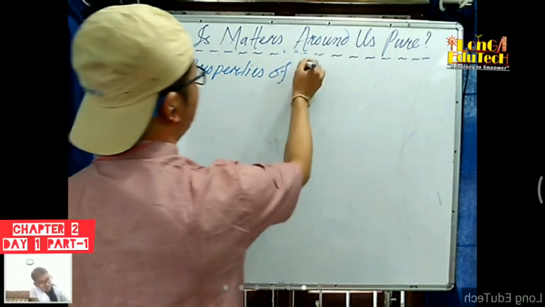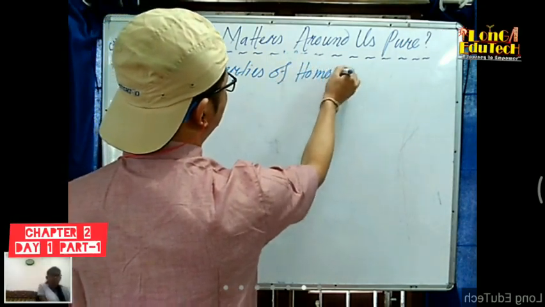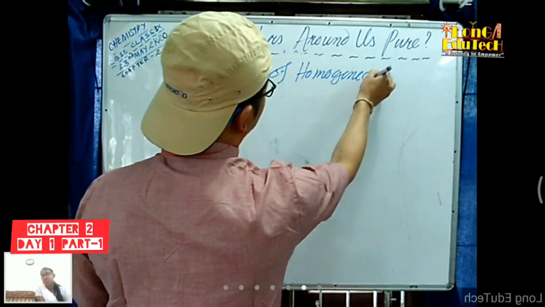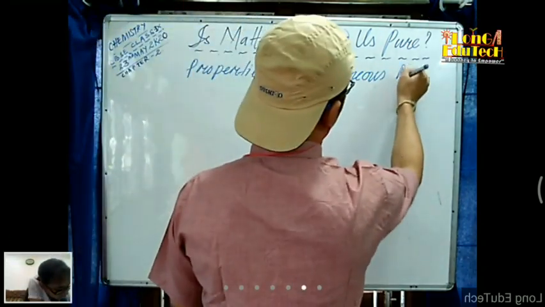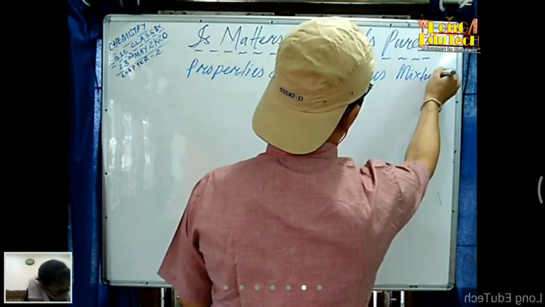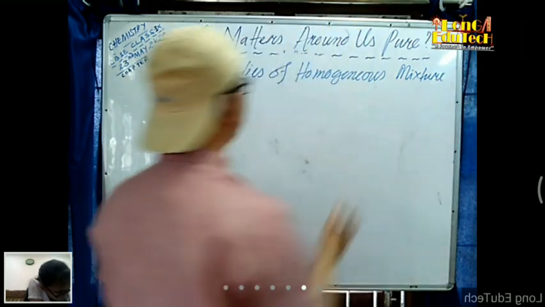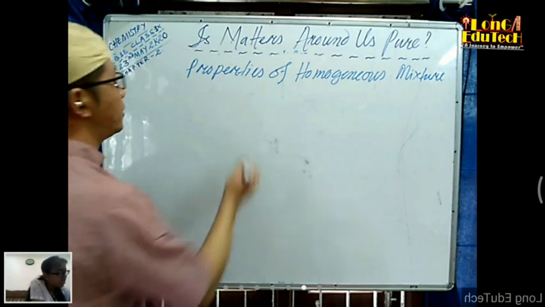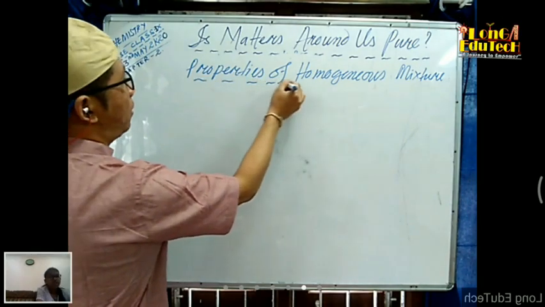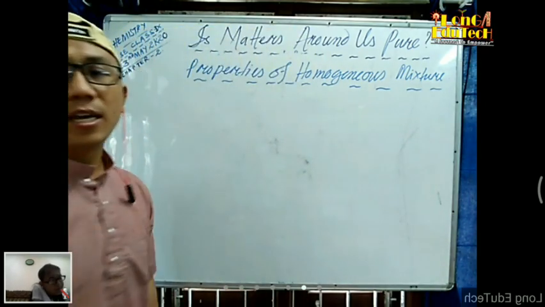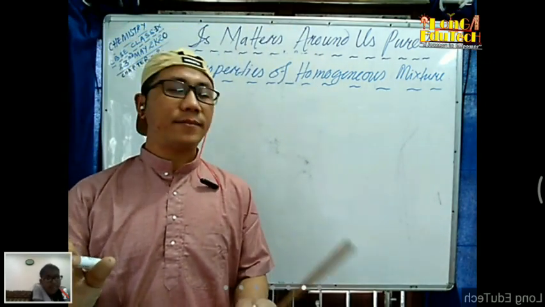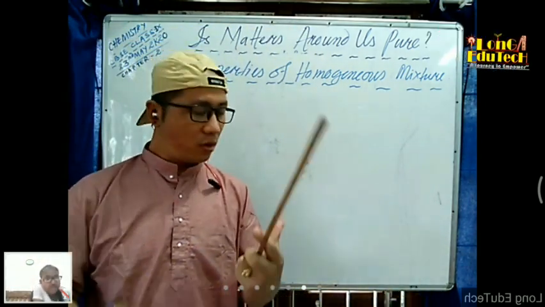The properties of the homogeneous mixture. Okay, you mute it. Smriti, just mute it. Okay, properties of the homogeneous mixture. What are the properties? I am giving you notes here.